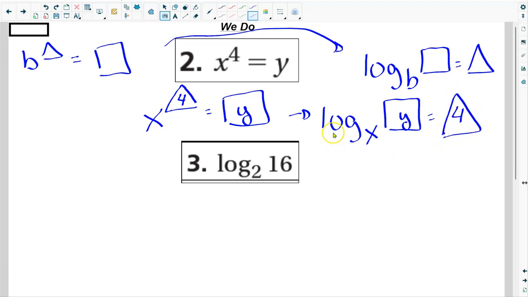So if we want to clean it up here, we can just write log base x of y equals 4. Notice this one's kind of underground. If I had to draw a line like this, he's on the line, he's on the line, he's on the line, the x is kind of below the ground there.